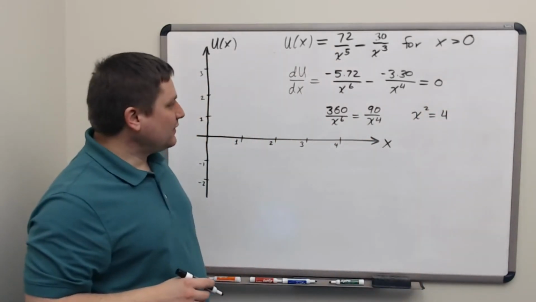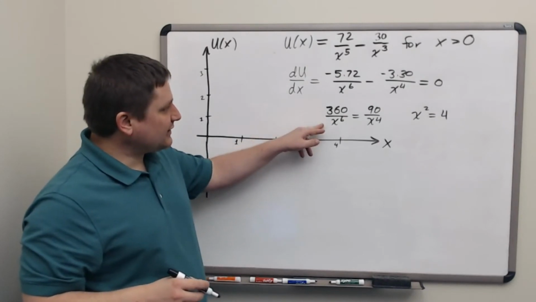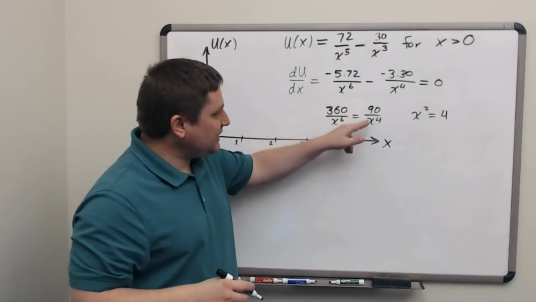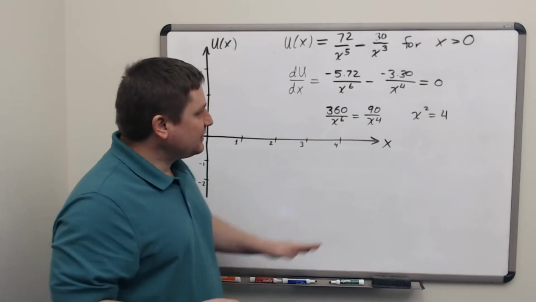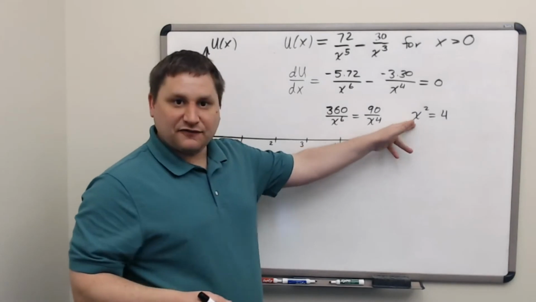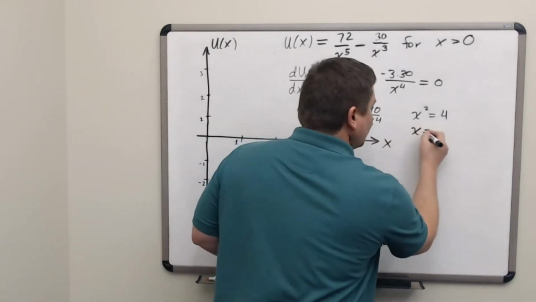Simplifying this, we'll end up with 360 over x to the sixth must be equal to 90 over x to the fourth. And using a bit of algebra, we can reduce this to x squared must equal 4, or x must equal plus or minus 2.